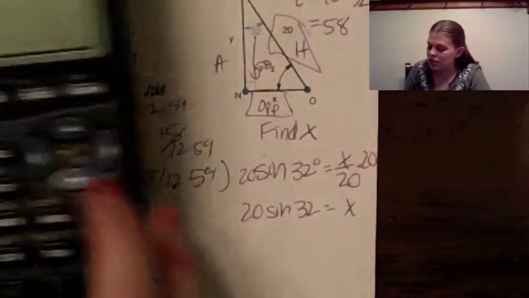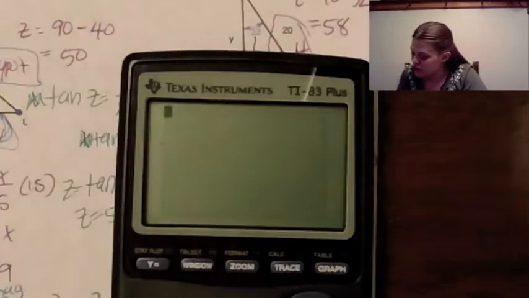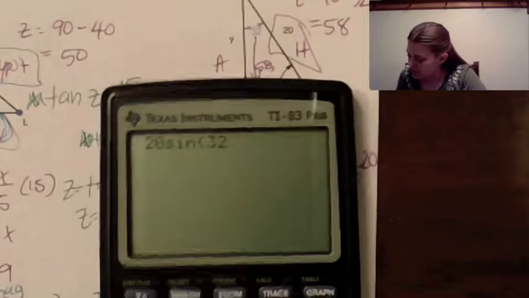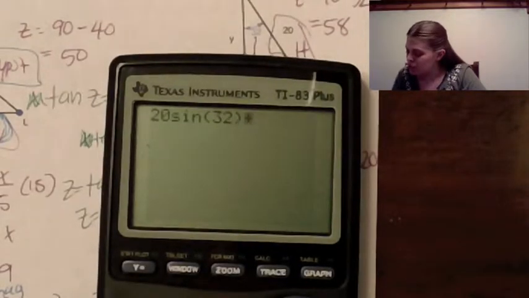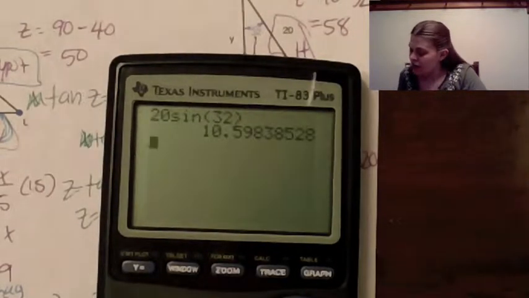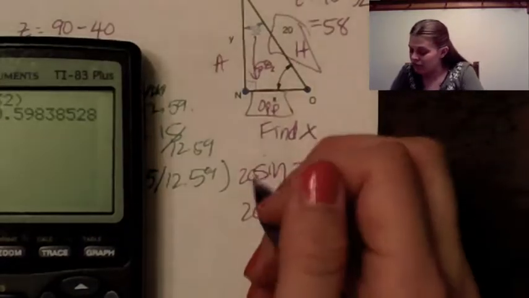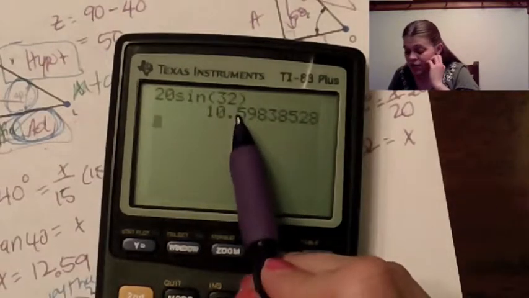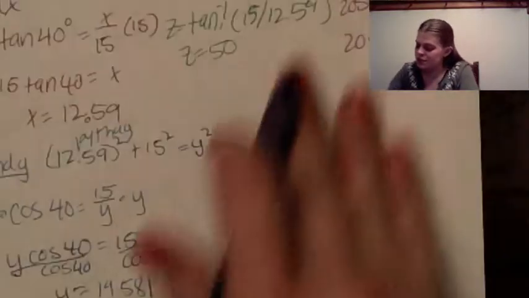In my calculator, I do 20 sine 32, oops, not plus, delete, equals x. So 10.6, because you round the 9 up, so that gives it to a 10, and that moves that to a 6, so 10.6.